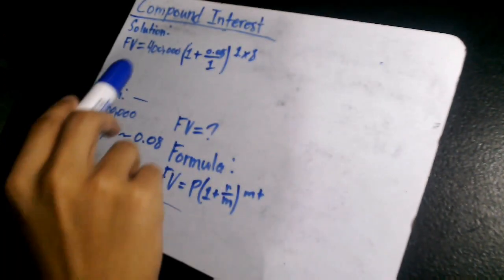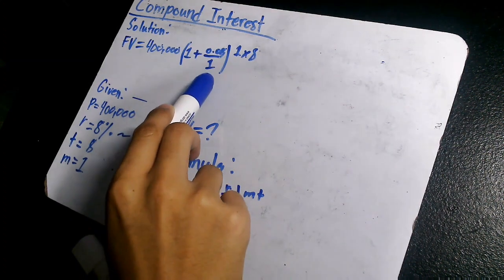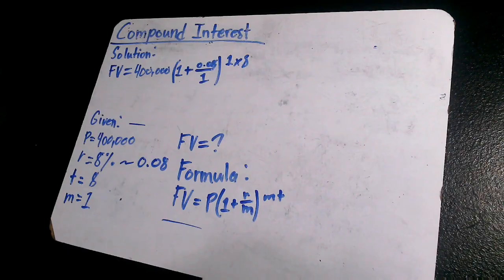Now let us solve. 400,000 times 1 plus 0.08 over 1 raised to the power of 1 times 8.